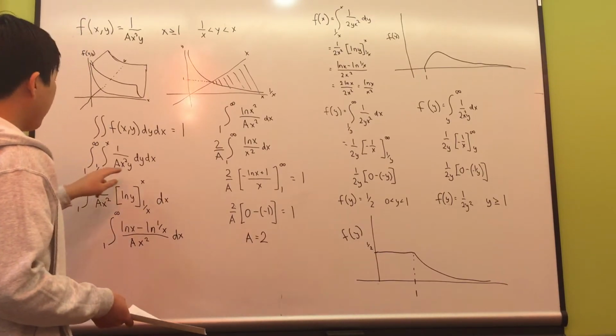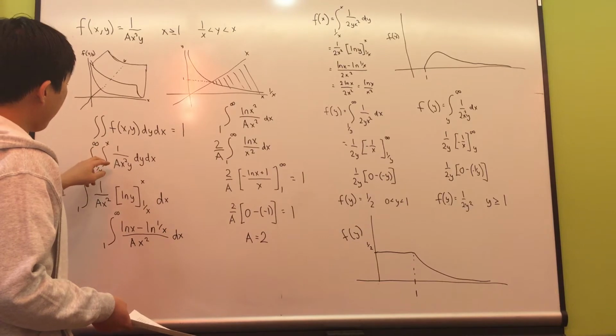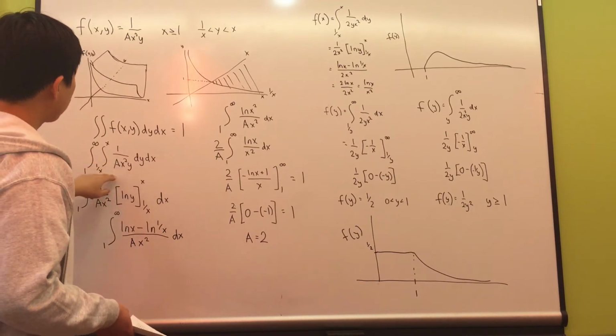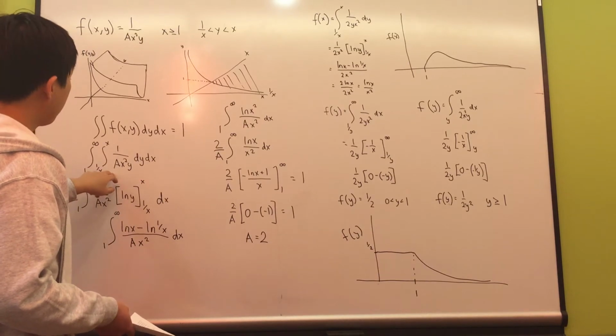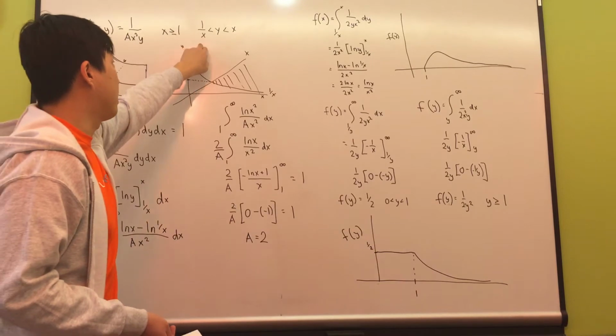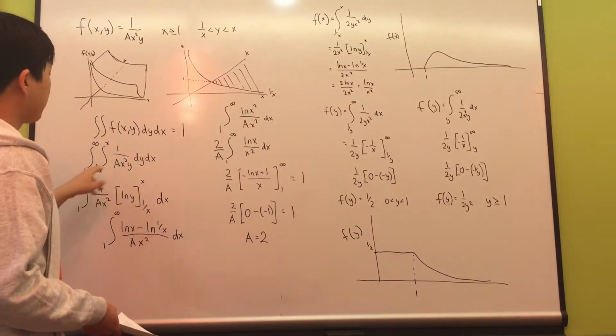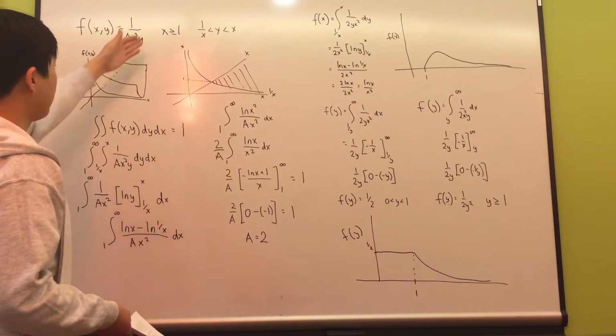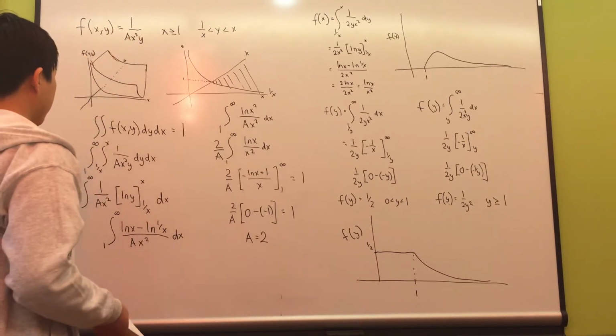So we integrate 1 over a times x squared times y over the bounds of y first, from 1 over x to x, and then over the bounds of x, from 1 to infinity, because x is greater than 1.